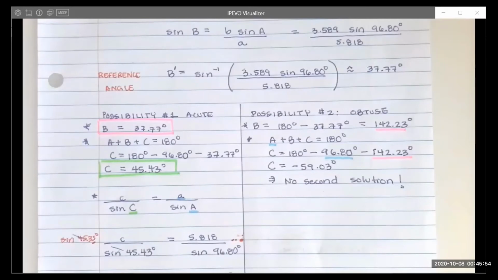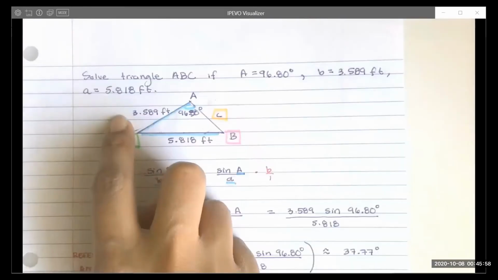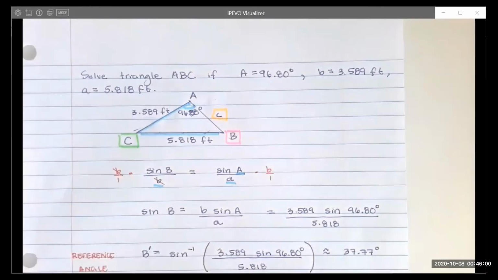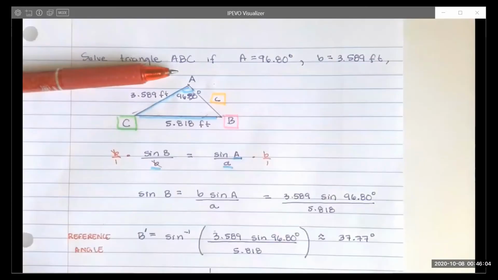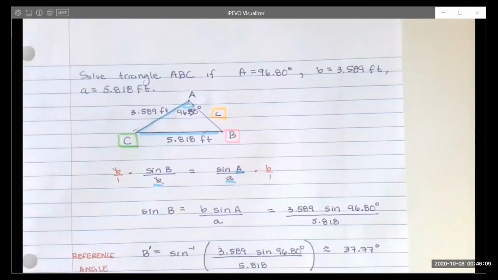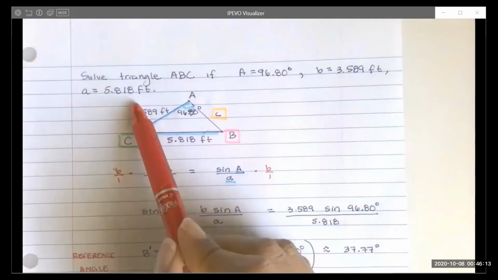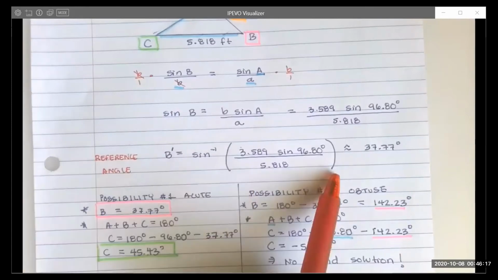For instance here, they gave us 3 pieces of information to be able to solve it. If they only gave us 2, then that's impossible to solve because we don't have enough information to even try to get the reference angle. But if you have no solution, that means they gave you all the necessary information and you came across an error at some point.